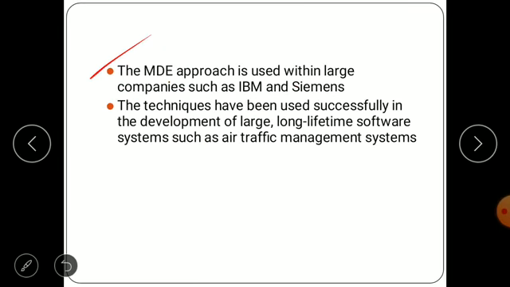The model driven engineering approach is used within large companies such as IBM and Siemens.